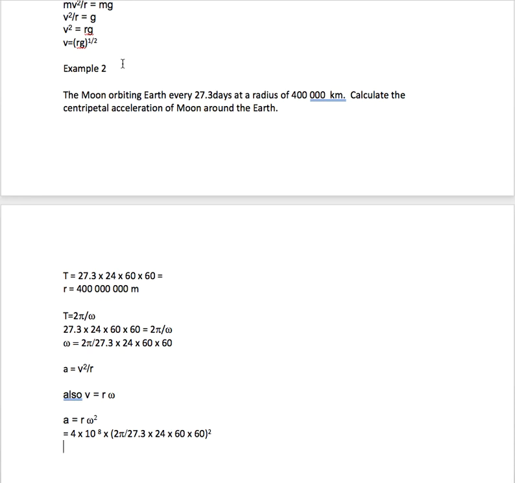So if we work that out, we've got 27.3 times 24 times 60 times 60, and we are dividing 400 million by that. We had to square it first, as I didn't do.